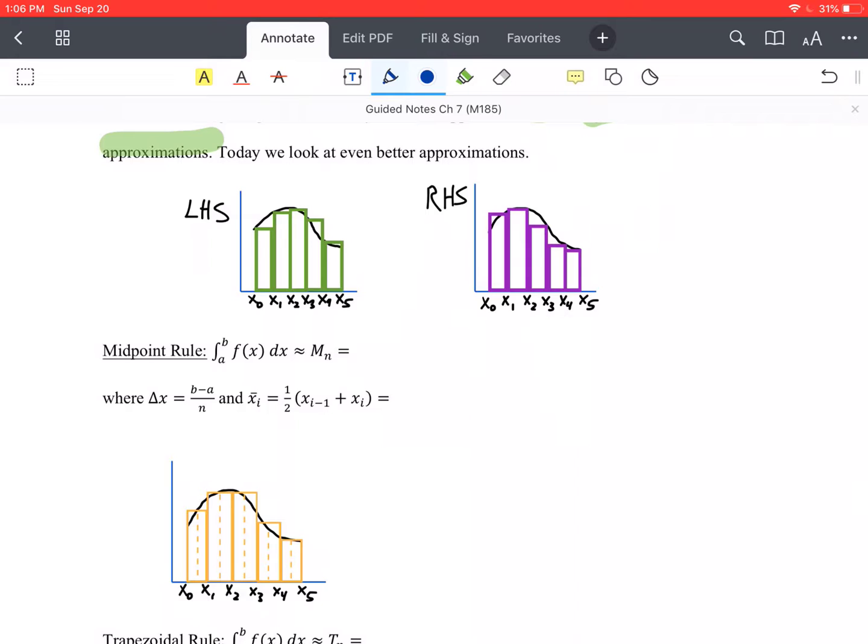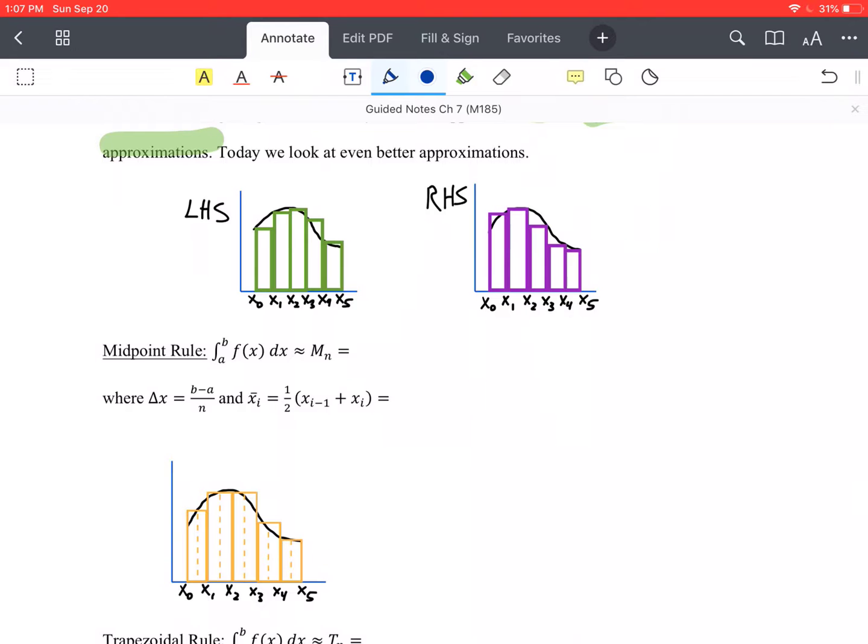And as you can see, whereas on the left-hand side some of those were under and some were over, with these rectangles we're going to get some areas that are over, some that are under. So these actually are going to do a better job of balancing out the overestimates and the underestimates, and it's going to give us a better approximation of the area under the curve.